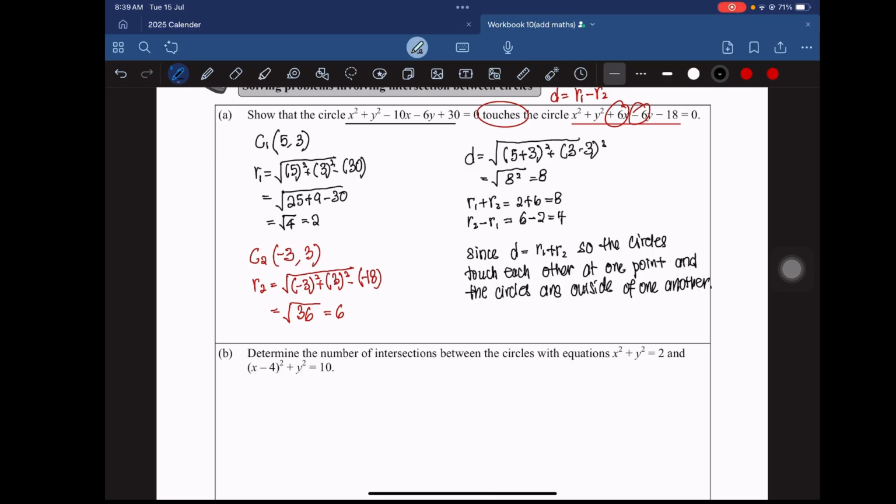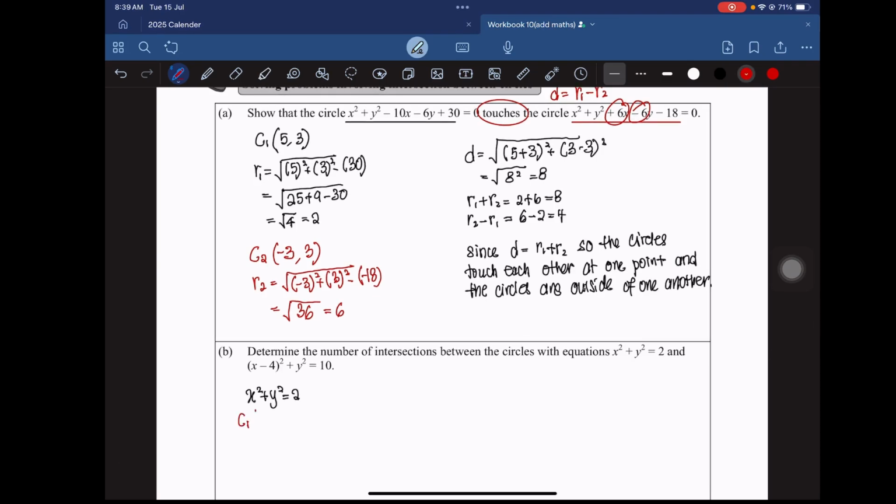They say determine the number of intersections between the circles with the equation x squared plus y squared equals 2. What is the center here? The center here is C1. There's no x and y, so it's 0, 0. And the radius R1 is equal to the square root of 2.